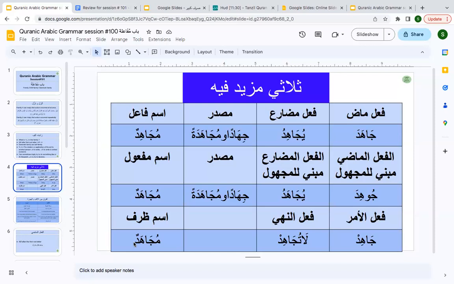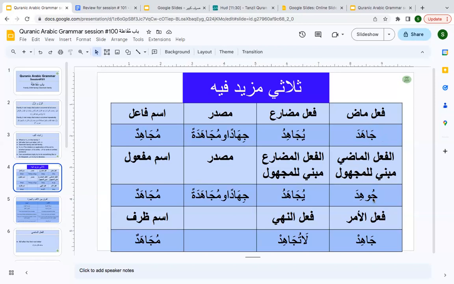Everyone got it? So here, if I ask you jahada, my dear sisters, when you change it to passive, yes, you are not seeing any alif here. Thanks for pointing that out, my dear sister. Why is the alif not there?